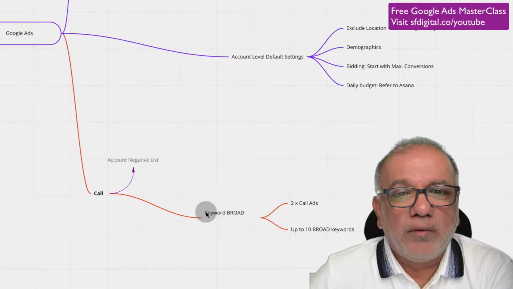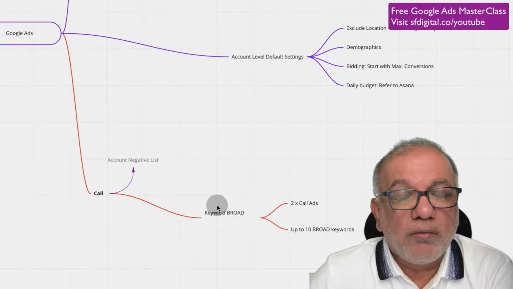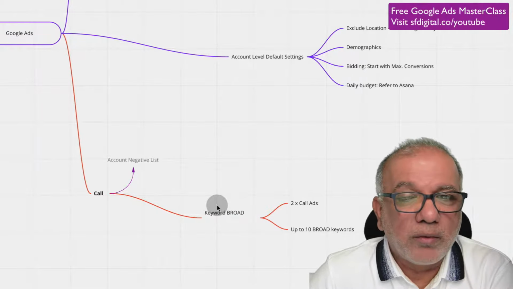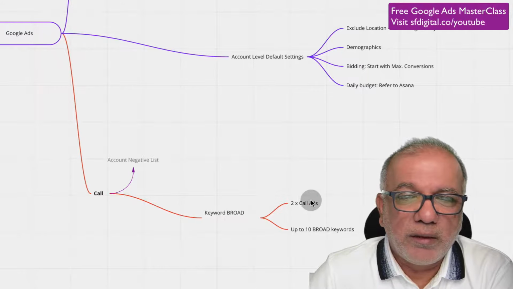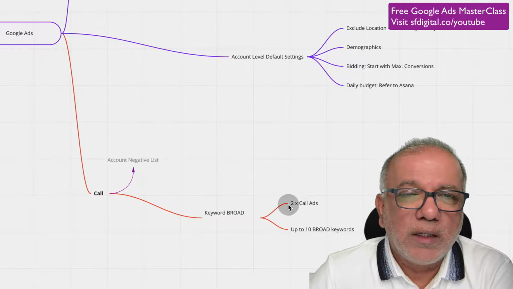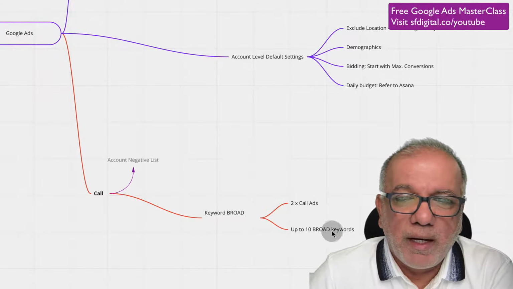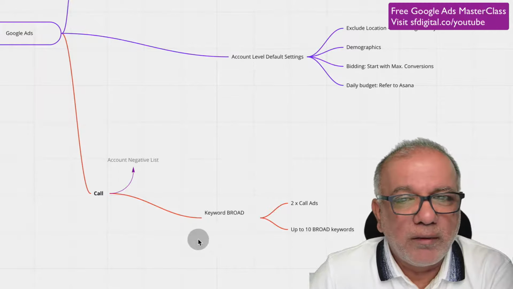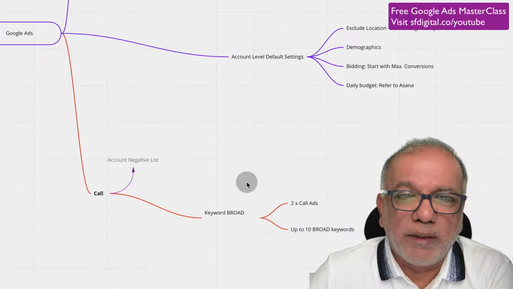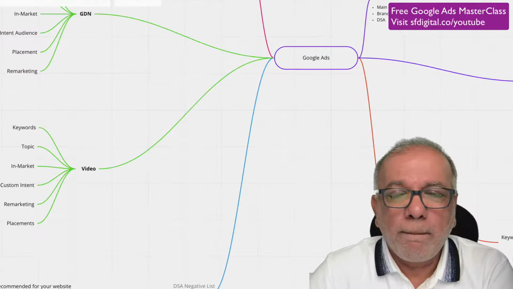It will give you a fair amount of very good clicks at a really good price as well. So we tend to put in 2 call ads and split test them, and we have up to 10 broad keywords in there.